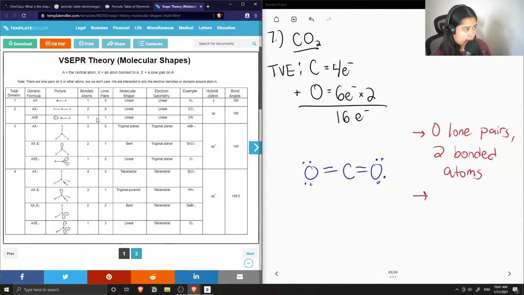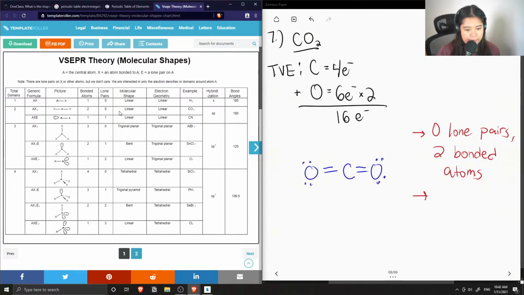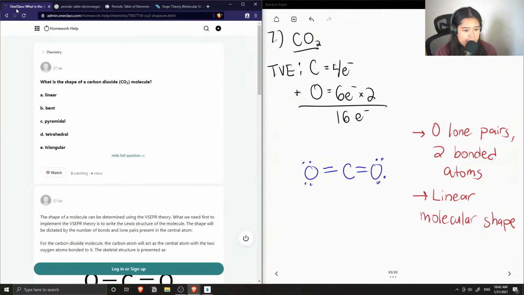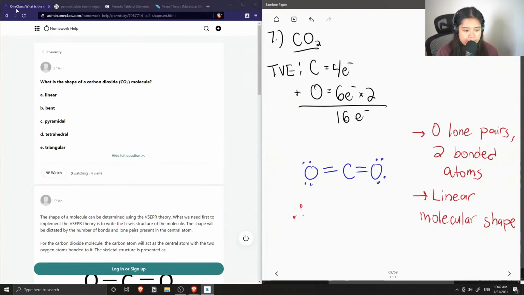So this is a VSEPR theory table, and when we have 0 lone pairs and 2 bonded atoms, we have a linear molecular shape and electron geometry. Okay, so out of all the options they give us, this is option letter A.